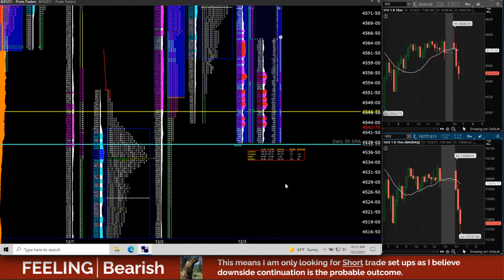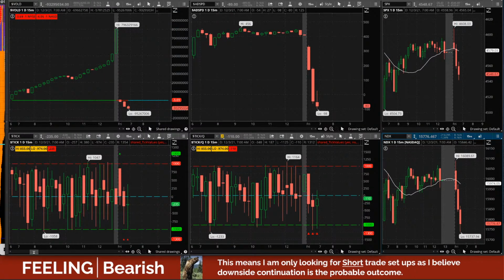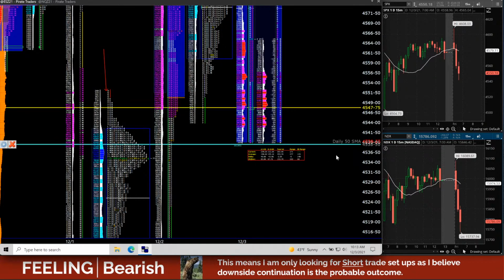Boom, push into it. Okay, there's the resistance. So it looks like they need to push into it once more.